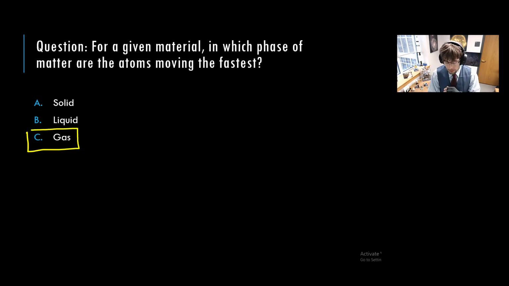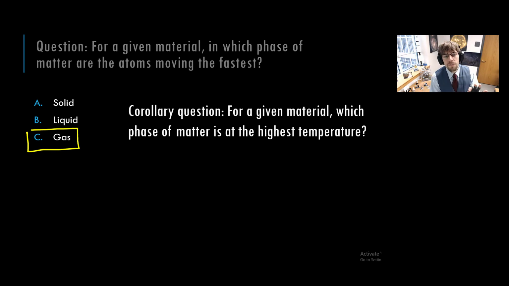Next question, corollary question. For which phase is the material at the highest temperature? Yeah, good. Again, the gaseous phase. Okay. So, in the gaseous phase, first of all, the atoms are moving the fastest. Therefore, they have, per atom, the highest kinetic energy. And we also know it has the highest temperature.